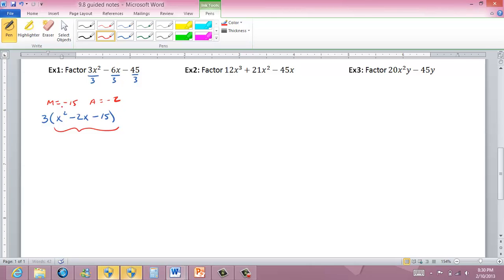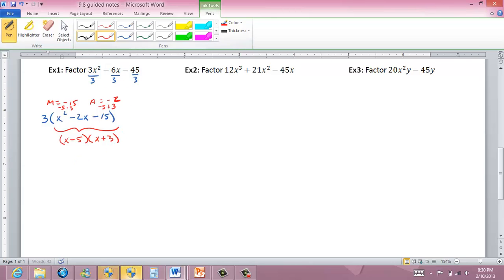Well, what numbers satisfy both of these? Well, that would be negative 5 times 3. Those factors would be negative 5 times 3, and those also add up to negative 2. So, how does this remaining polynomial factor out to be? Well, that would be x minus 5 times x plus 3.